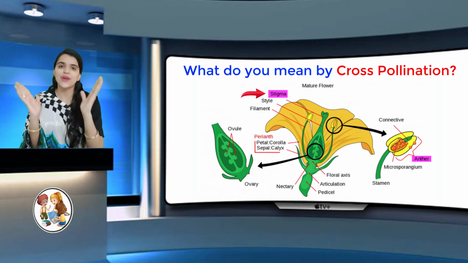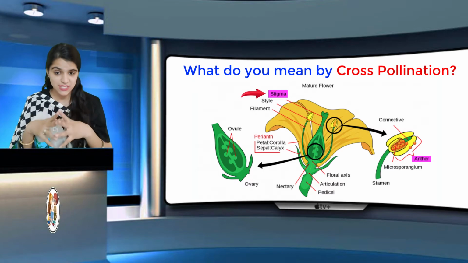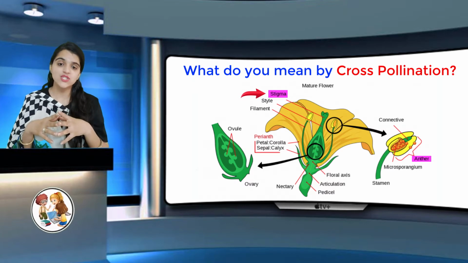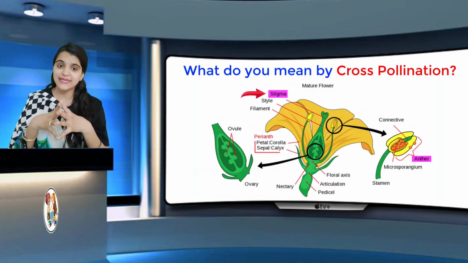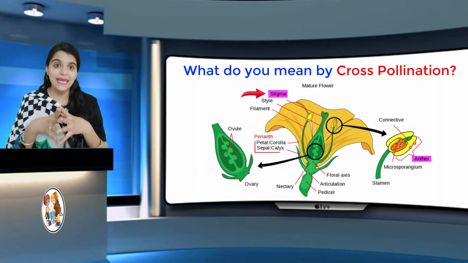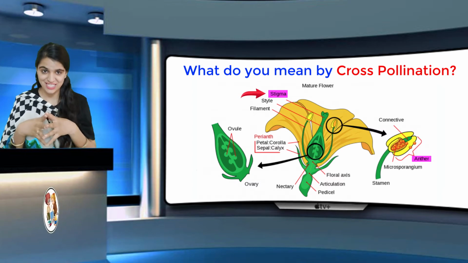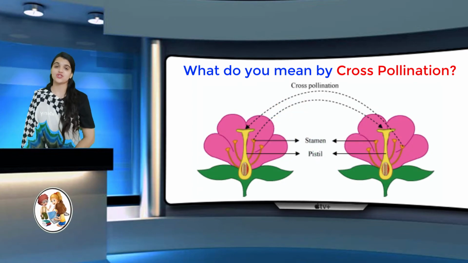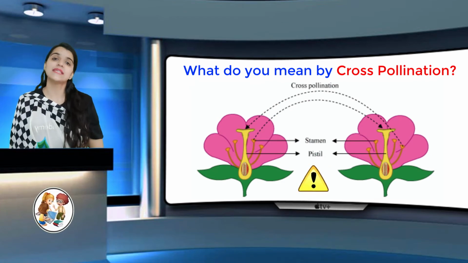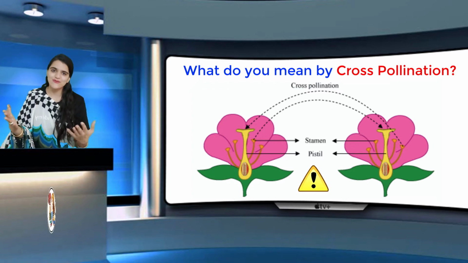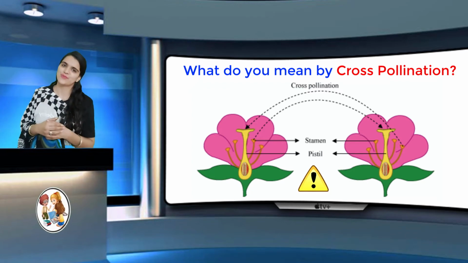Different flowers share and combine their genetic information to create unique, interesting offspring. That is why cross pollination is very good and really important as compared to self-pollination. In the same way, sexual reproduction is prominent over asexual reproduction.